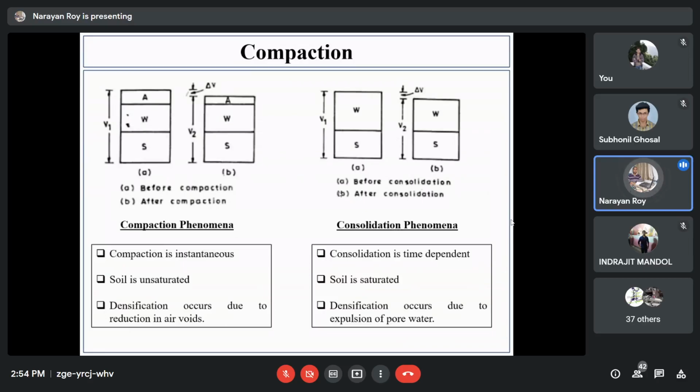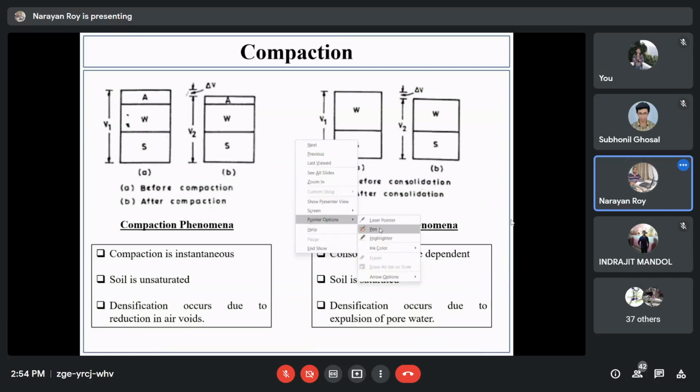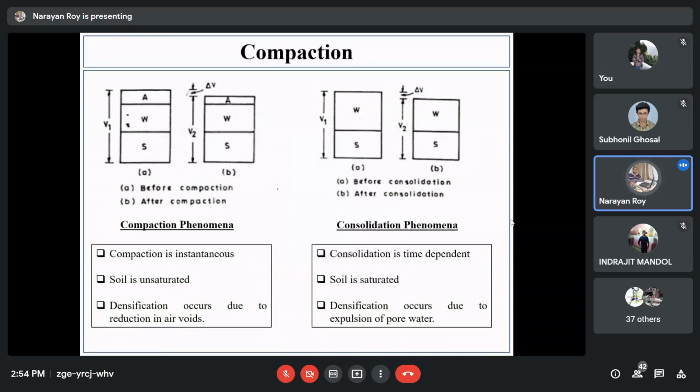Now, this slide, let me take the pointer. This slide shows a comparison between the compaction phenomenon and the consolidation phenomenon. Consolidation will be covered after the completion of compaction, but at the beginning, let's see the differences.